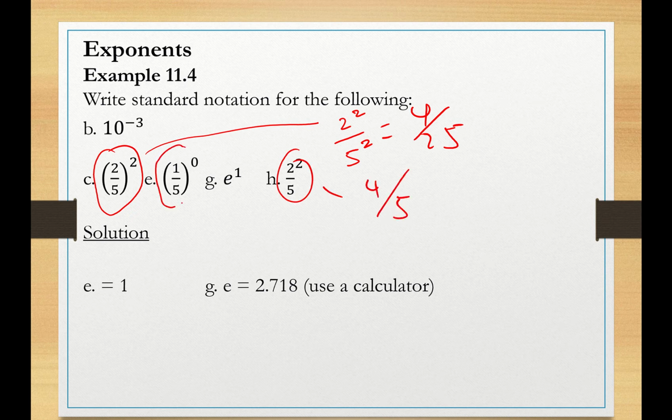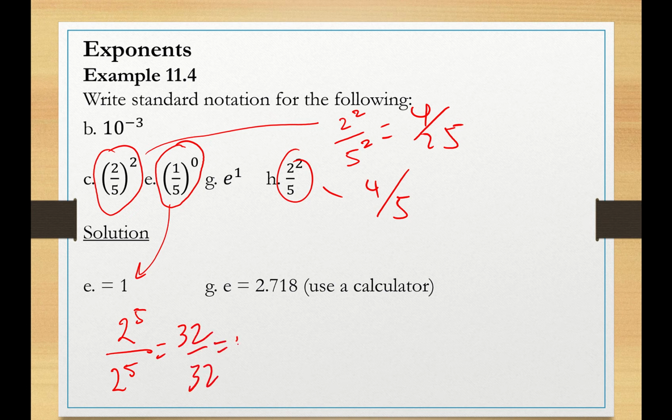Now, any number raised to the exponent of 0 is equal to 1. And this goes back to the properties of exponents. For example, I'm just going to write something here. 2 to the 5 over 2 to the 5. Of course, that's 32 over 32, which is 1.